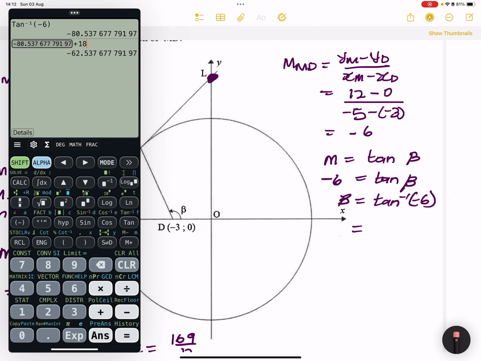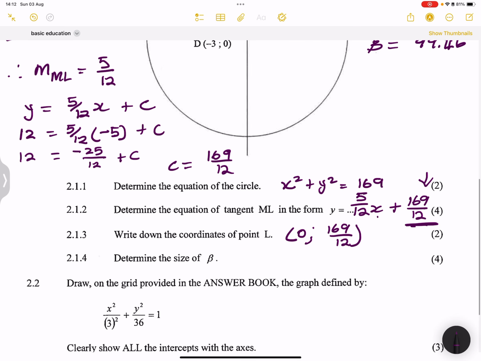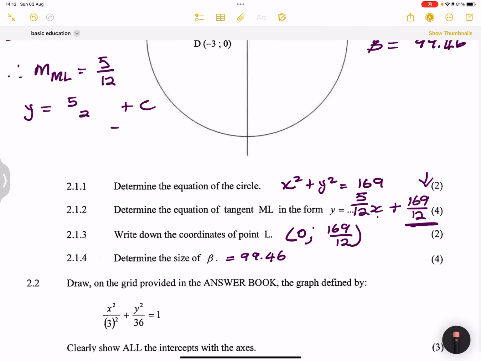And so beta will be equal to 99.46 degrees. That's the angle beta. And I hope that's clear, guys. So we said 99.46. So that it doesn't become all messy, let's just remove some of the stuff that we already did.